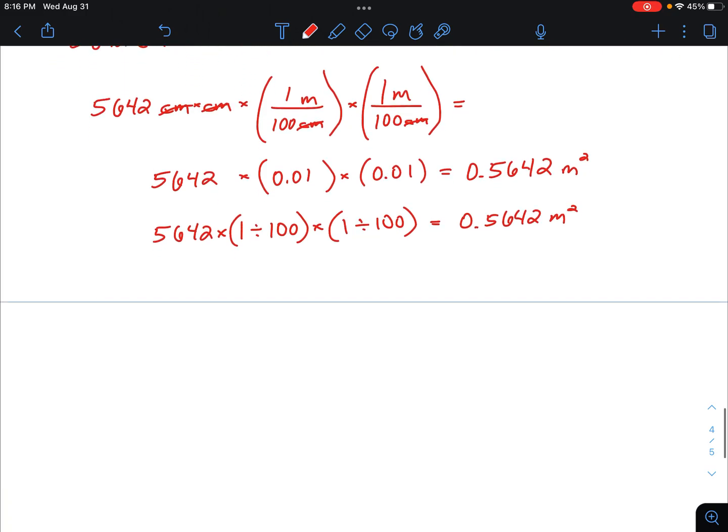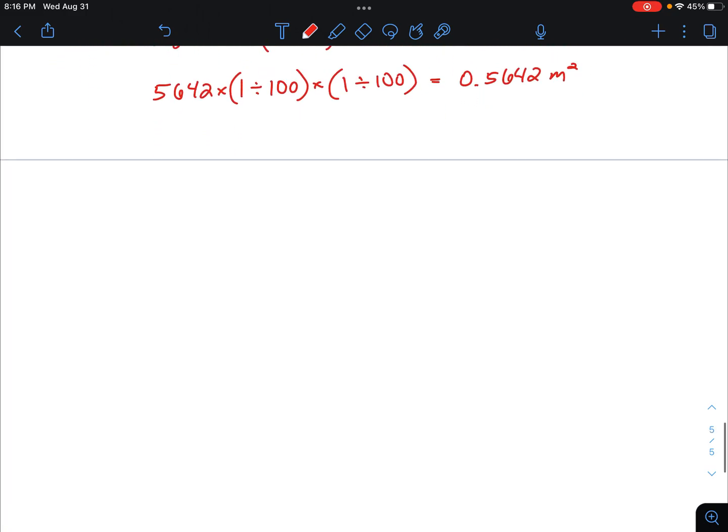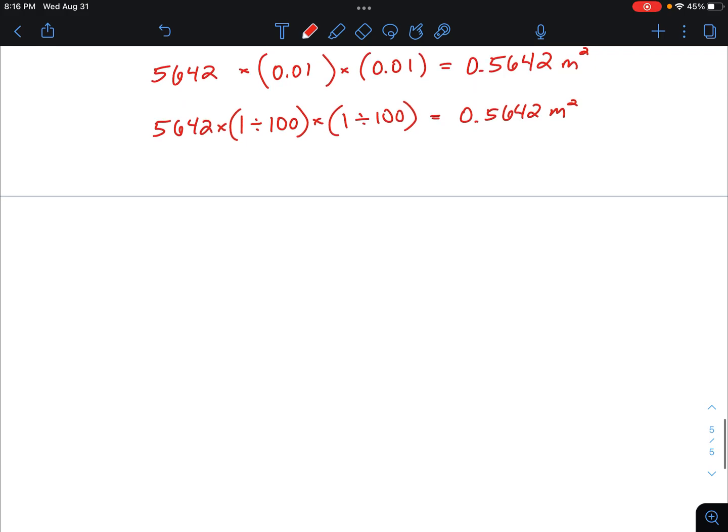All right, let's work through another one. Let's do a unit of time. So let's convert 1 hour into seconds. So if I have 1 hour, then I want to take that and multiply it by my conversion factor.